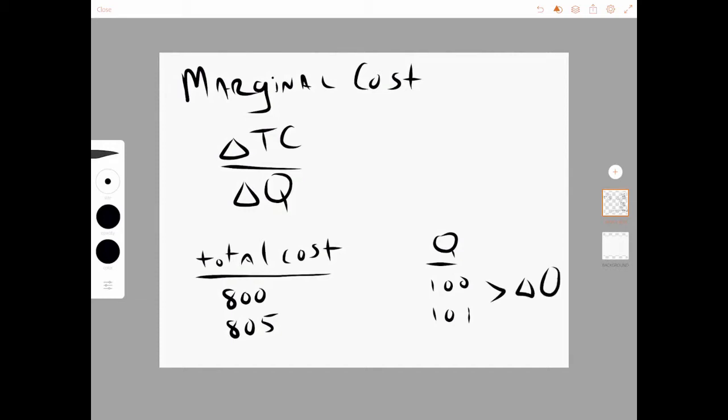Here's the change in quantity, and that's equal to 1. And here's the change in total cost. That's equal to 5, because we go from 800 up to 805. And we just substitute those numbers in. So our change in total cost was 5. Our change in quantity, or our change in output, was 1. And so that gives us a marginal cost of 5.